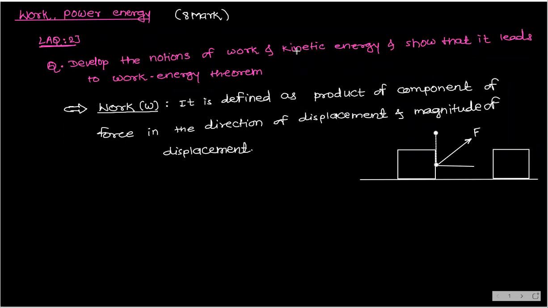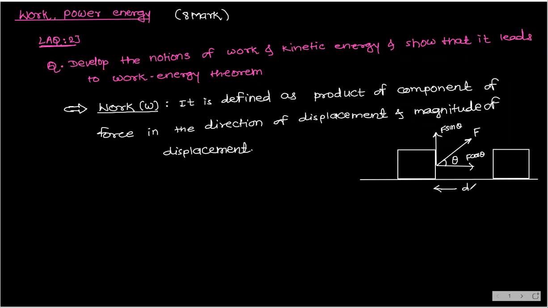Let us suppose this angle is theta. This is F sin theta, and this one is F cos theta.